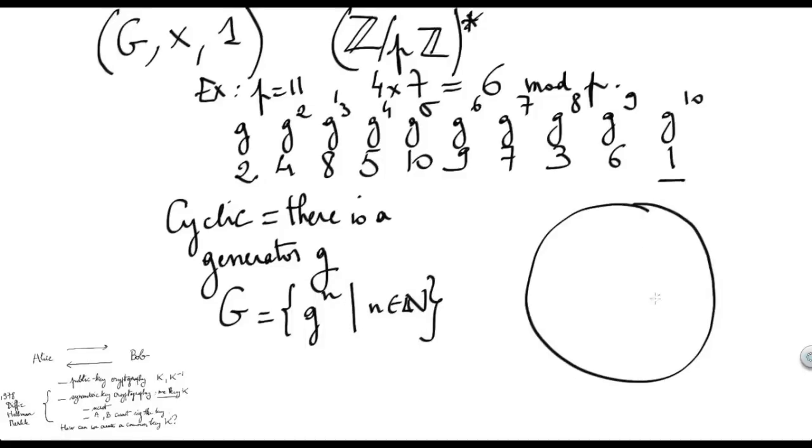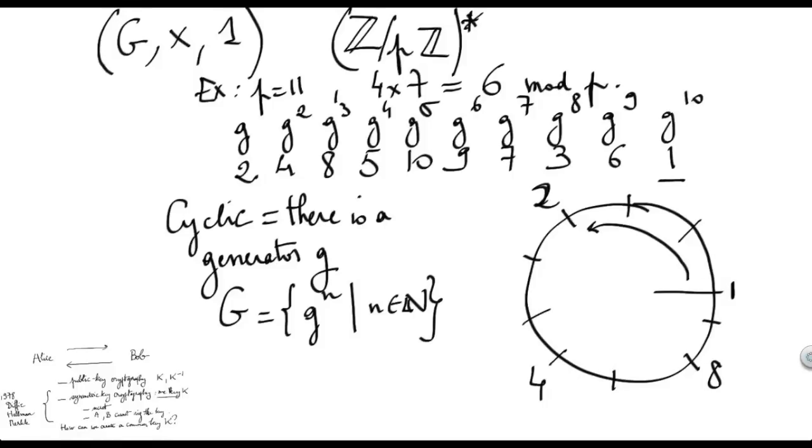You can imagine that you start from the unit 1, and that multiplying by an element, let's say by 2, the generator here, you will get the element obtained by rotating the first element by a certain angle. If you continue multiplying, you'll get 4, 8, 5, etc. And you will eventually enumerate all the elements of the group, which are the marked points on the circle.